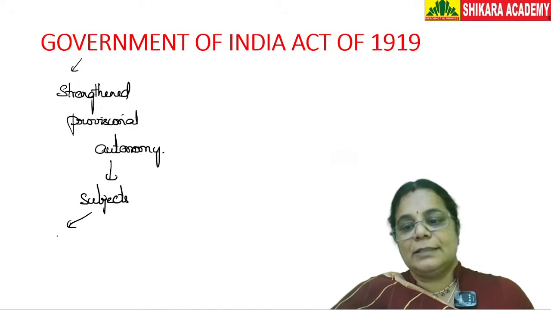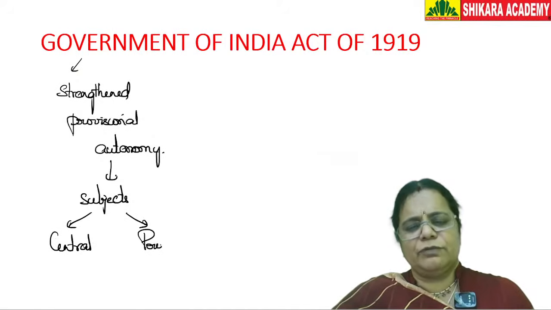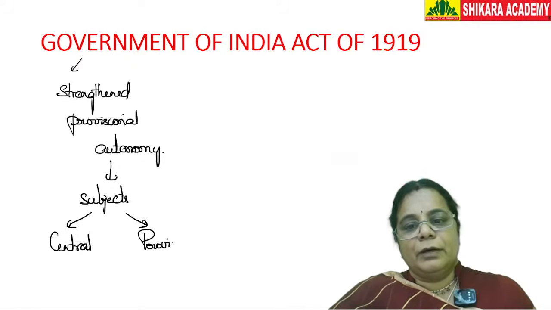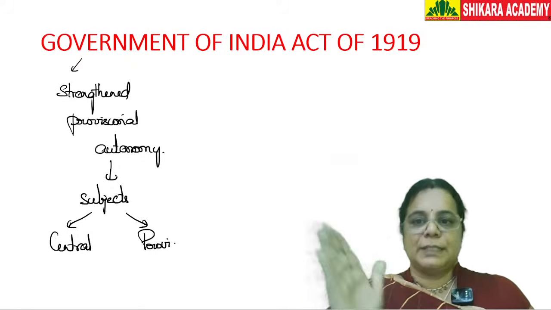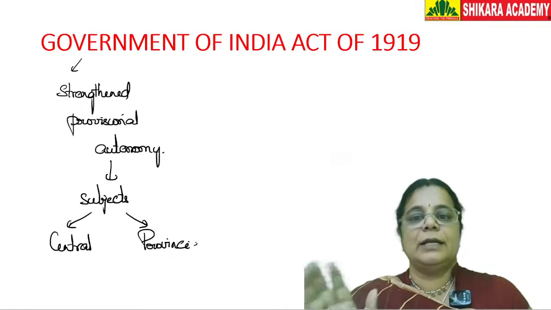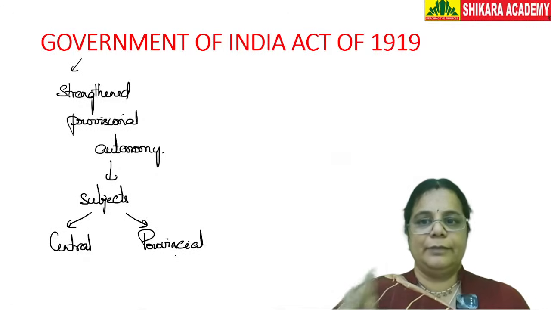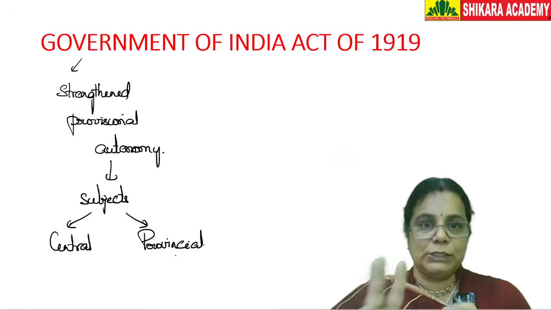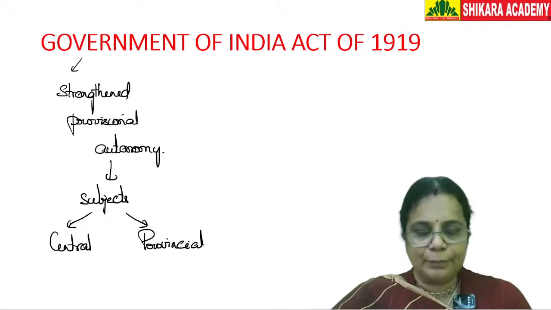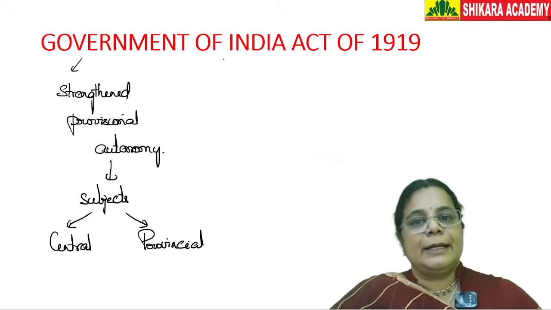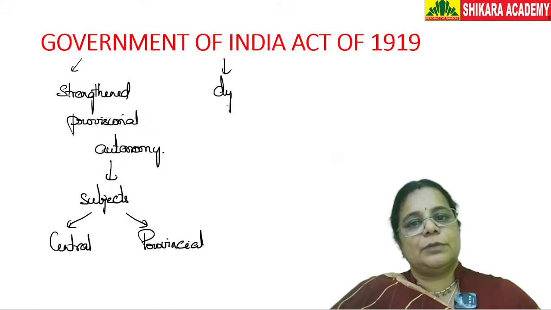One was called the central list or the federal list. The other was called the provincial list. So the first time division of subjects happened in the Government of India Act 1919, but it was only into two lists, not three lists. And 1919 introduced a concept called diarchy.